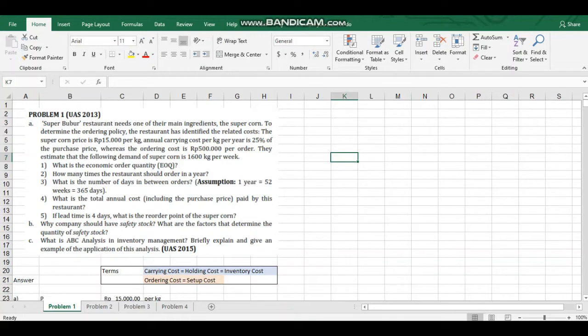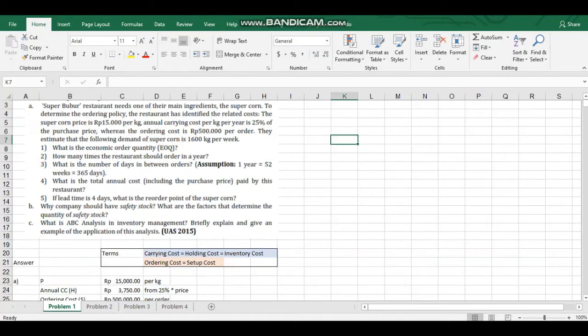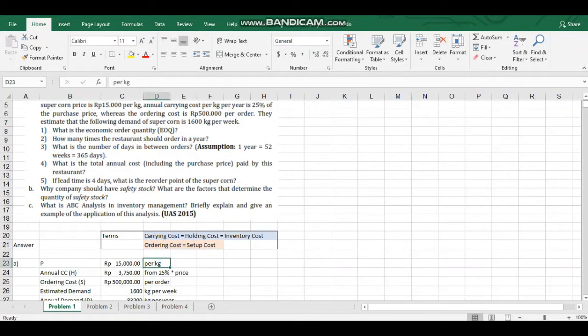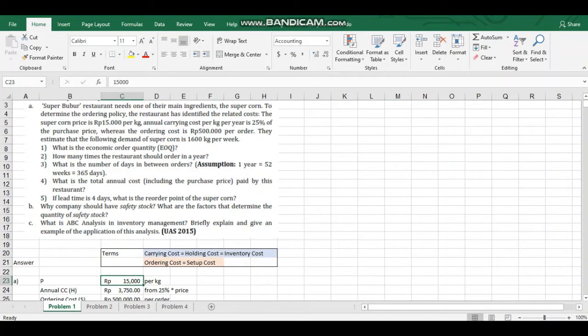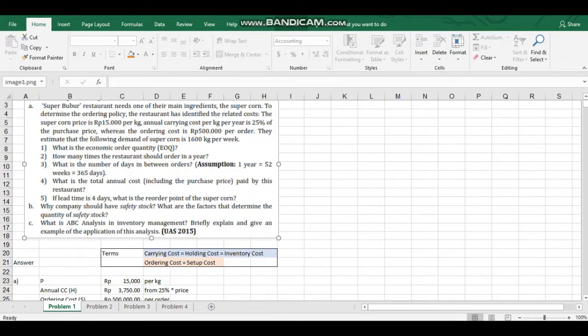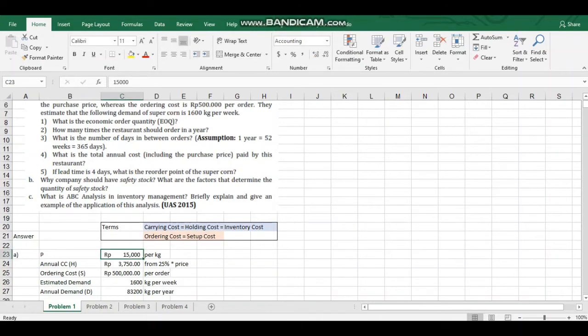The super corn price is 15,000 rupiah per kilogram, and the annual carrying cost per kilogram per year is 25% of the purchase price, which is 15,000. So we have 3,750 rupiah as our annual carrying cost or holding cost, symbolized with H.